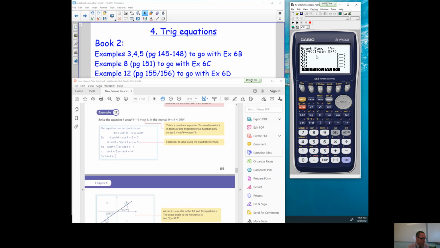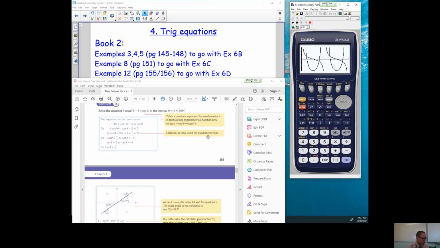So 4 cosec squared. It's really clunky, isn't it? Hopefully they'll be updating these calculators at some point. And then minus 9. And then we're looking for cot theta, so that's 1 divided by tan x.